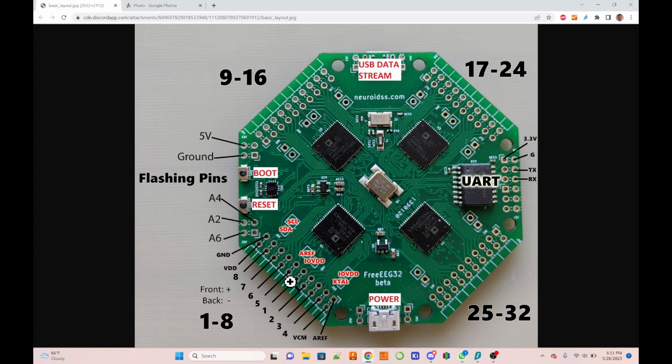I found that to be very useful, and I learned a lot from that little experiment. Just connecting positive to negative on one channel directly, and you'll see noise go straight down.